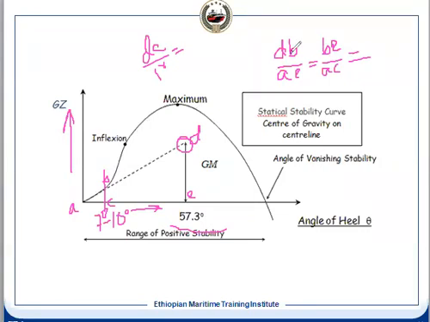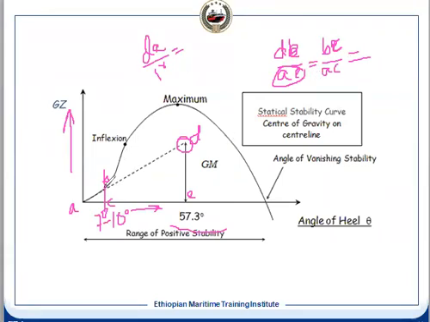There is a mistake I made. This is DE divided by AE is equal to BC divided by AC. Now DE we divided by this AE, we can replace by 1 radian and is equal to this value.